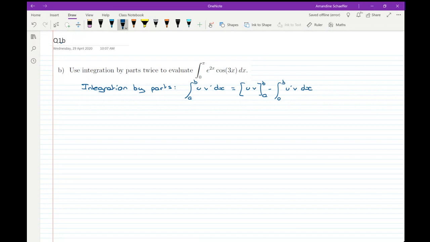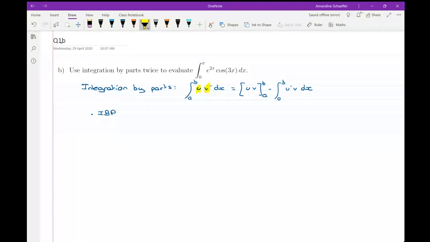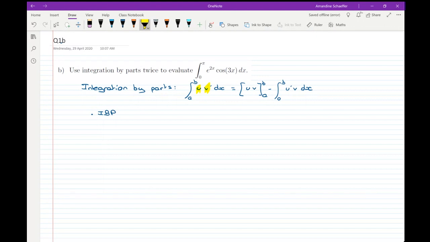So the secret when using integration by parts, in general, is to choose which function is u, which function is v dash to start with. u is going to be differentiated to get a u dash, and v dash is going to be integrated to get a v. So usually there's an obvious way.